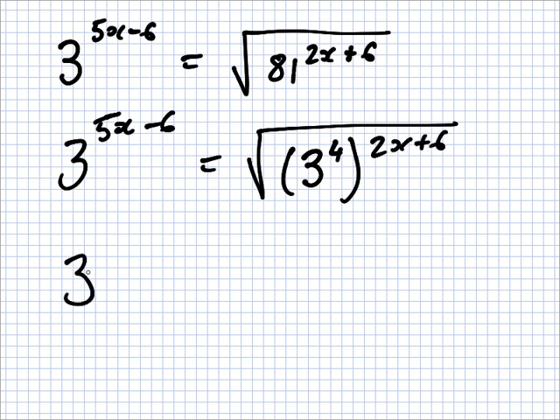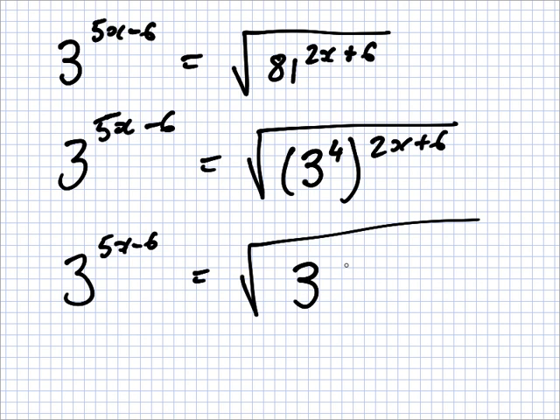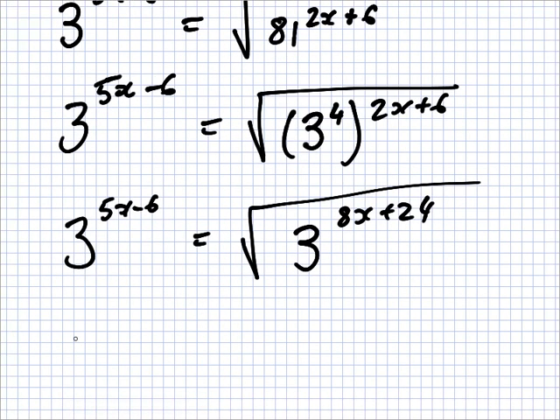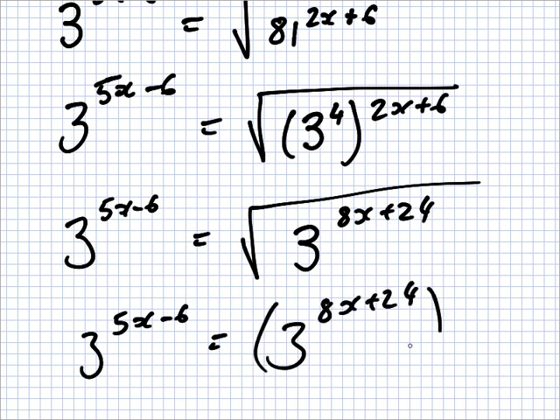So this is 3 power 5x minus 6 equals root, and again by using the third rule, that would be 3 power 8x plus 24. Now we have to take care of the square root. This is 3 power 8x plus 24, all to the power of a half.